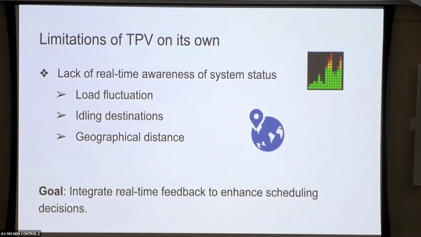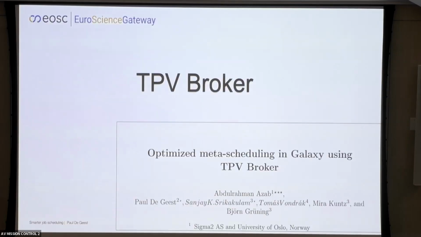So that causes significant delays for the jobs to finish. Also, it's not aware of where exactly your compute endpoint is located. So some jobs might take a long time just because the data has to transfer for a long time.